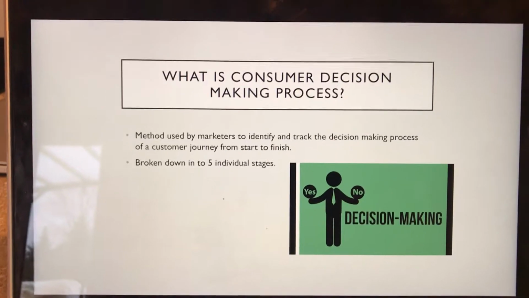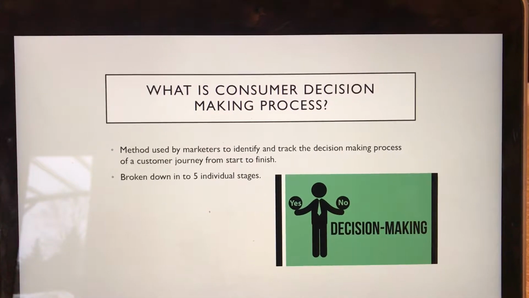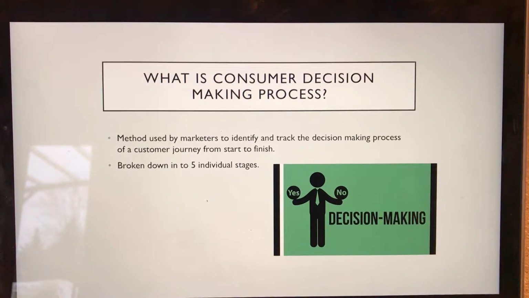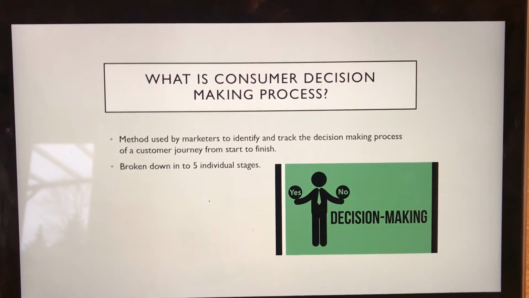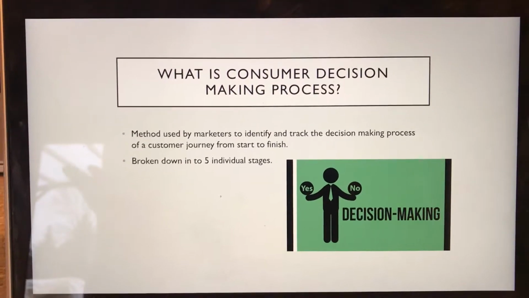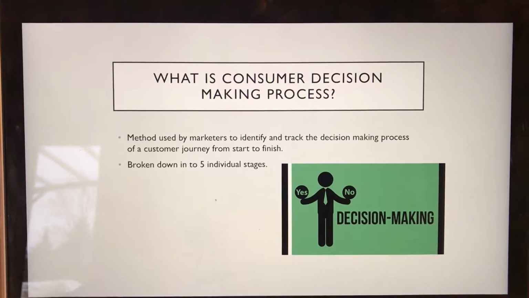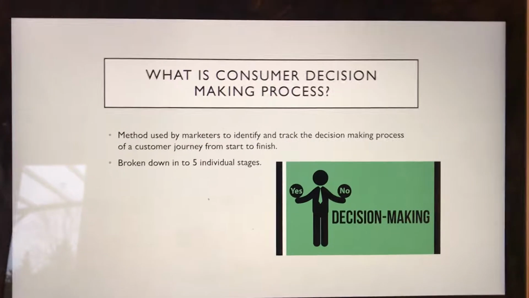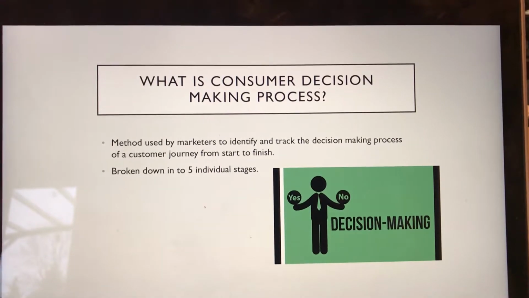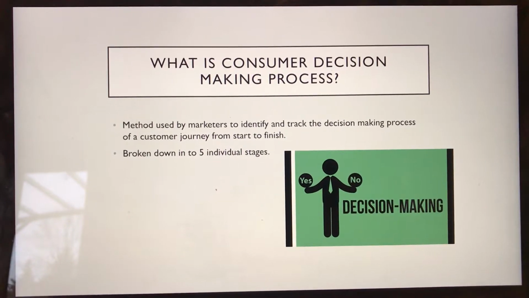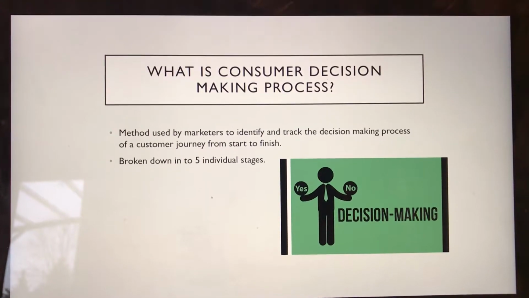What is a consumer decision making process? This is a method used by marketers to identify and track the decision-making process of a customer journey from start to finish. It's broken down into 5 individual stages. And if you think about some decisions you make, if you need to buy something, you actually do go through this process.